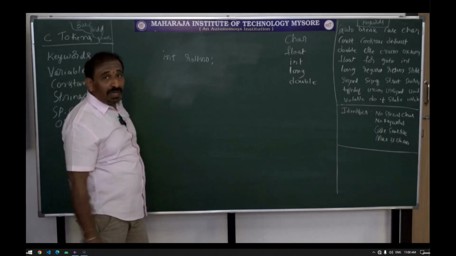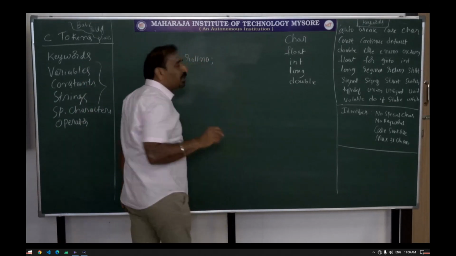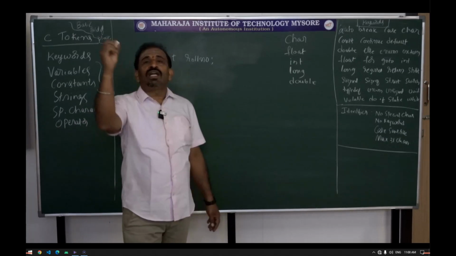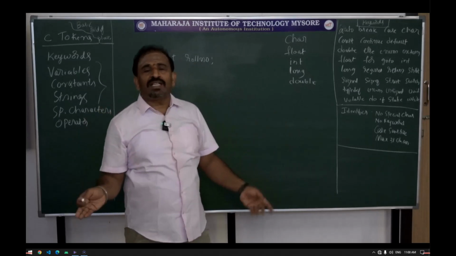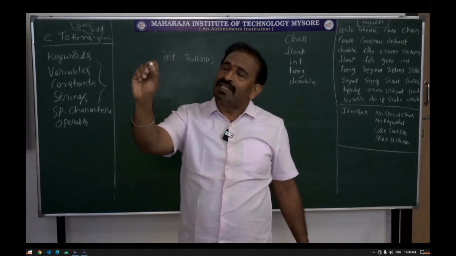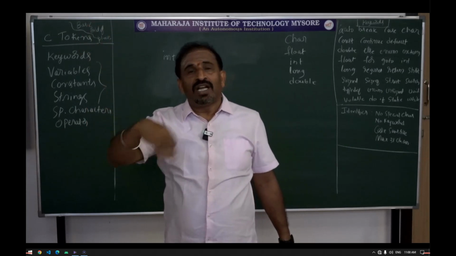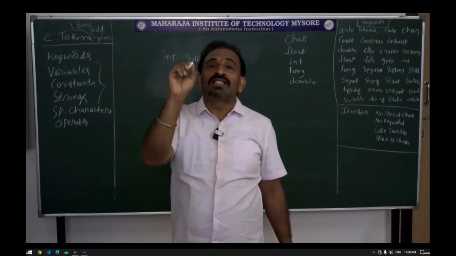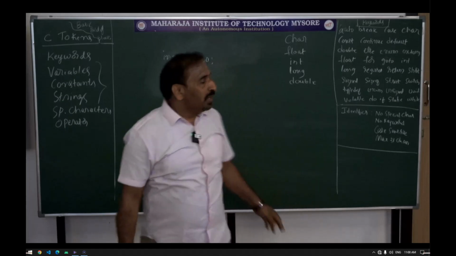How much can it accommodate? There are two types of integers that you can see: a signed integer and an unsigned integer. If you simply write int without writing anything else, that is considered unsigned. If you write signed specifically, it means it can take negative numbers also.